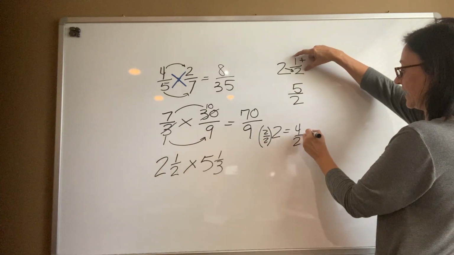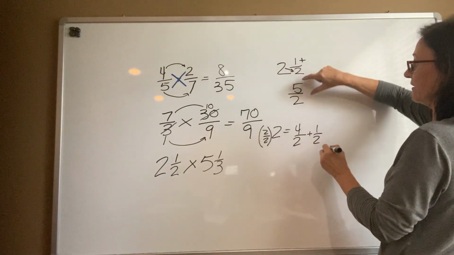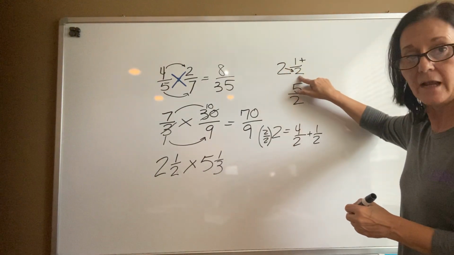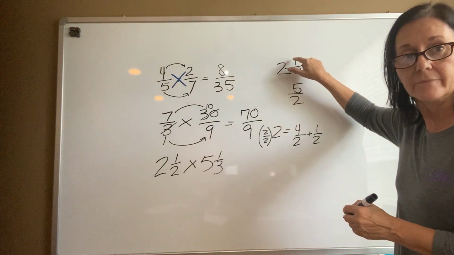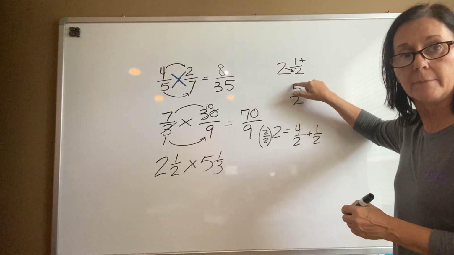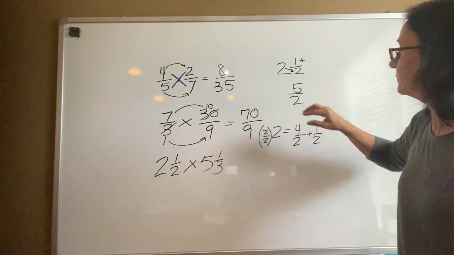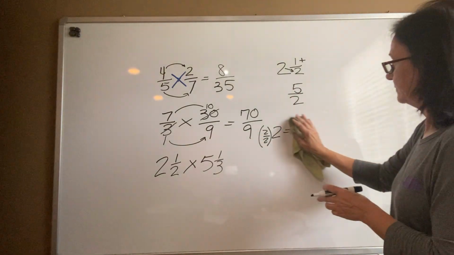And I would add it to the 1/2 to get 5/2. But the shortcut is whole number times denominator, add it to the numerator. My denominator doesn't change. All right, so that's 5/2.